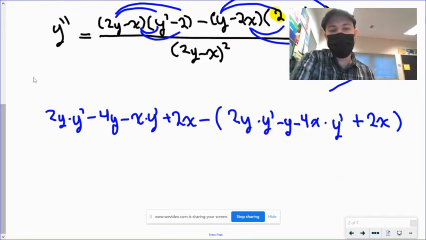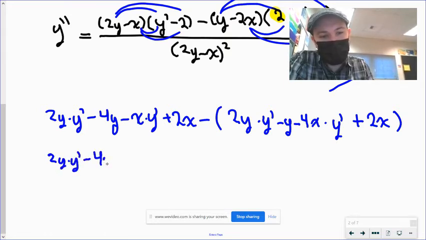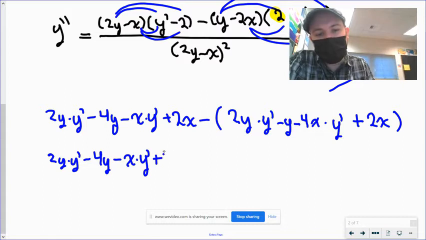Continuing to simplify our numerator, I'm going to distribute my negatives, so I get 2y times y prime minus 4y minus x times y prime plus 2x. By the way, none of these first 4 terms are common.